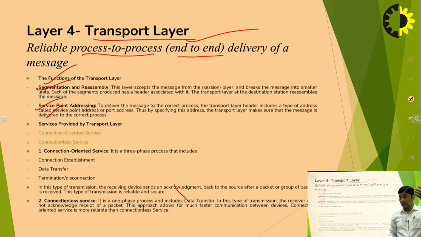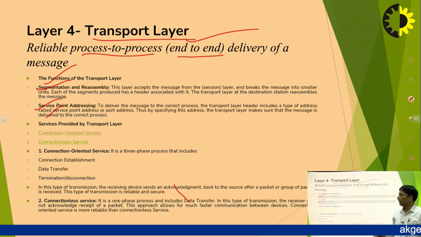The data from the session layer, which lies on top of the transport layer, comes to the transport layer, and the transport layer then divides that data into manageable parts, known as segments. So this segmentation is the responsibility of the transport layer.